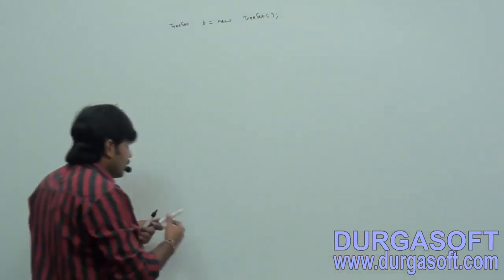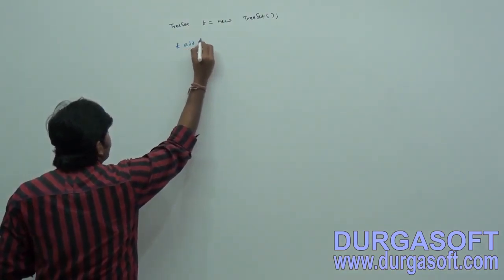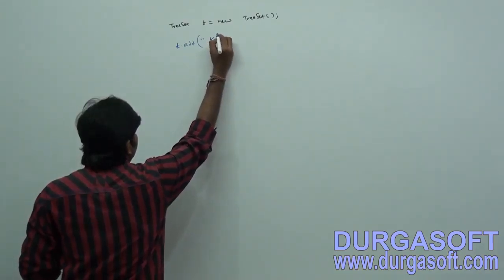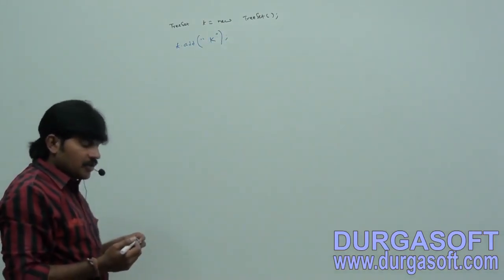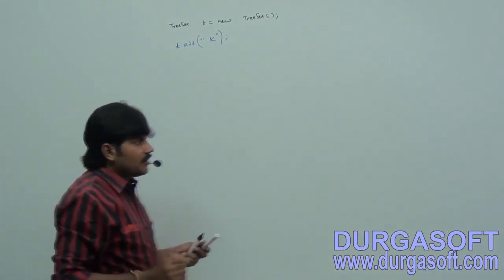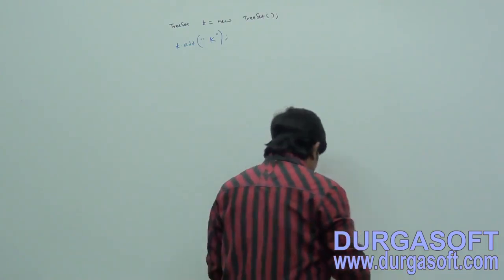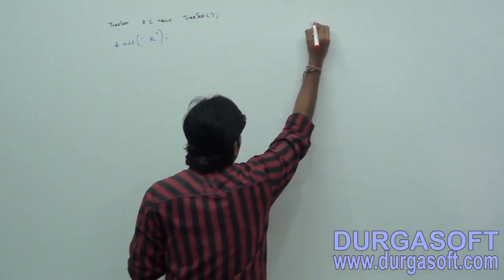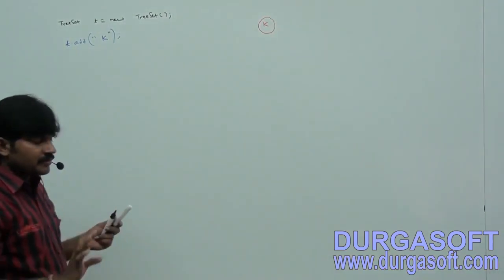Now I am trying to add t.add of K. For the first element, is any comparison required? No, that's why the first element is successfully inserted. K added.